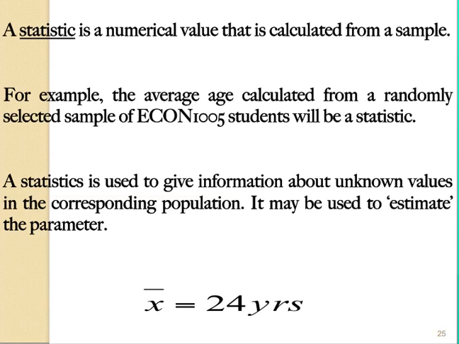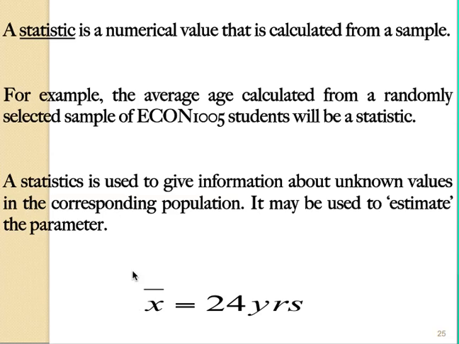Now, a statistic is a numerical value that is calculated from a sample. For example, the average age calculated from a randomly selected sample of Econ 1005 students is a statistic. Let me say that again. You're calculating the average age from a sample. So that average age, that value would be a statistic.